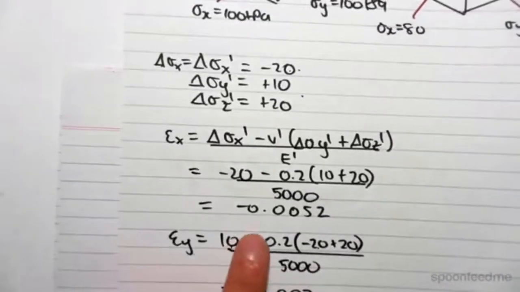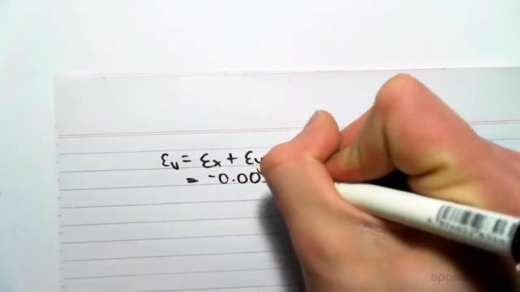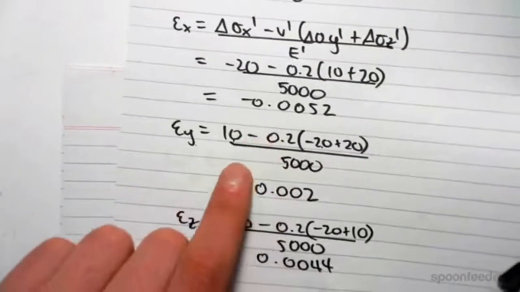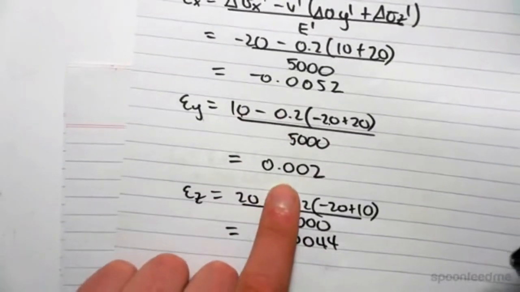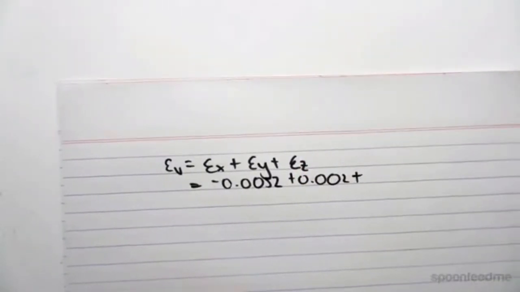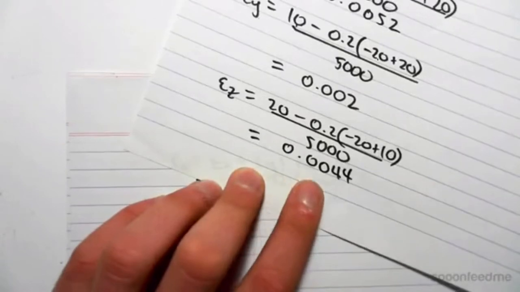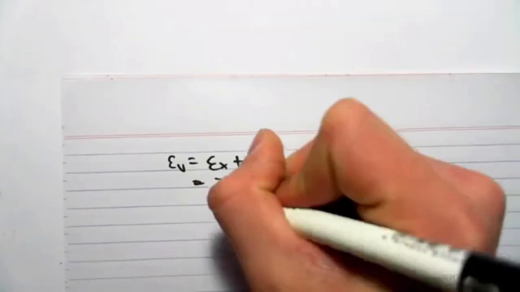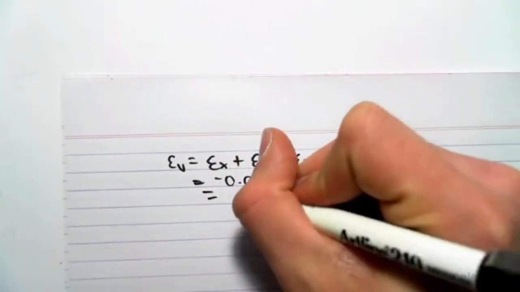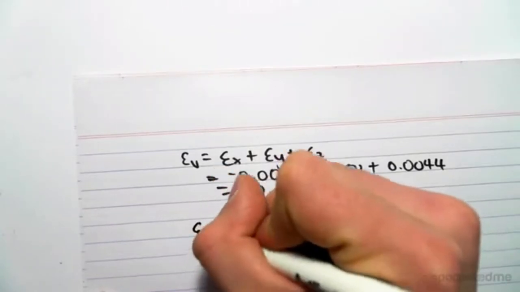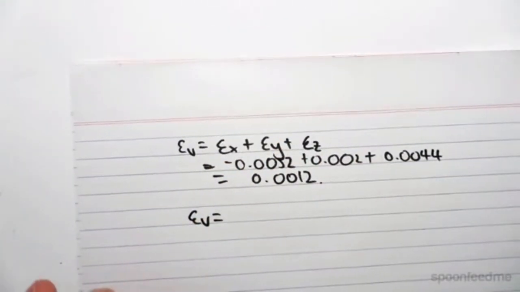So it would be minus 0.0052 plus 0.002 plus 0.0044. And we'd get an answer of 0.0012.